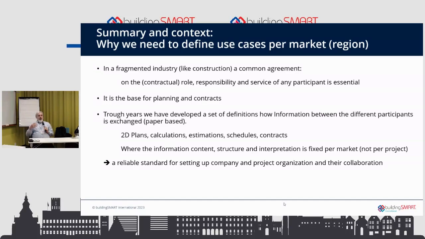And therefore, we can work together easily on this paper base. So if we do that also in digital, not per project but per market, we have the base to work much more easily together. So it is a reliable standard for setting up a company and project organization and collaboration.